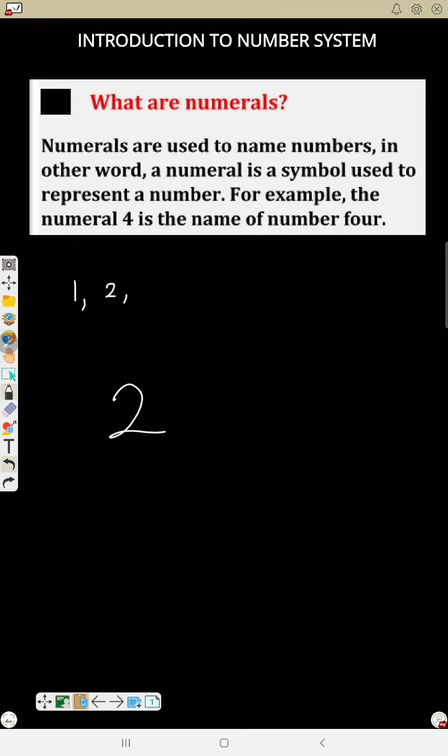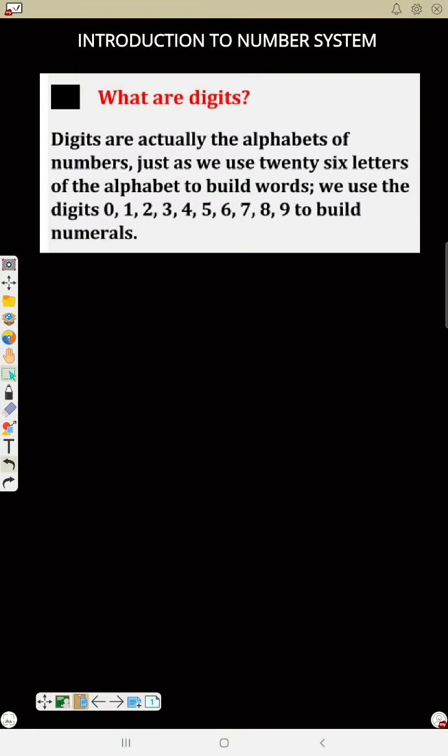So, what are digits? Digits are actually the alphabets of numbers. Just as we use 26 letters of the alphabet to build words, we use the digits 0, 1, 2, 3, 4, 5, 6, 7, 8, 9 to build numerals.